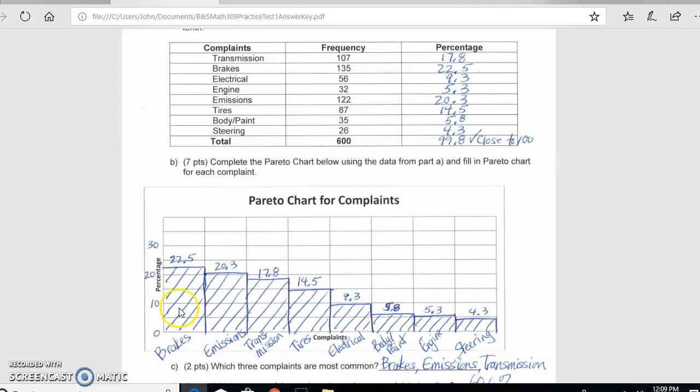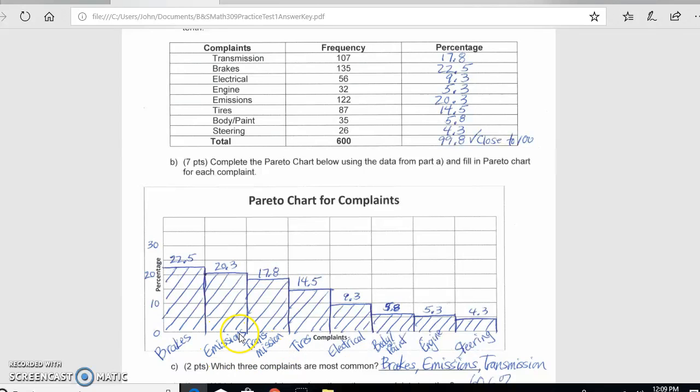And then in the Pareto chart, as we move from left to right, we are going from the highest percentages down to the lowest percentages on the right. So we look for the percentage that is second, and that would be the emissions, and it's 20.3.